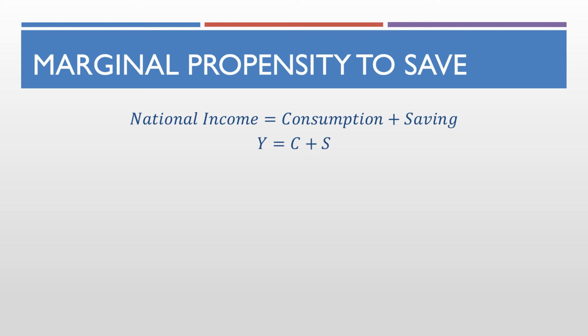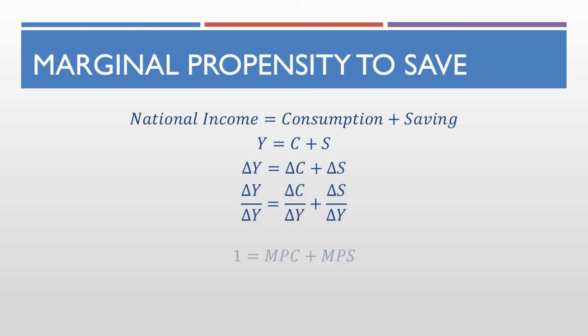If the national income Y always equals C plus S, consumption plus saving, you can imagine the total of MPC plus MPS, the marginal propensity to save, should always add up to 1. Or in this case, the portion of your income spent on consumption plus the portion of income that you save should add up to 100%.